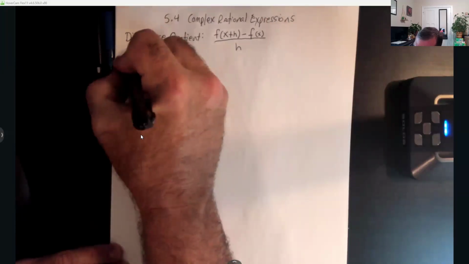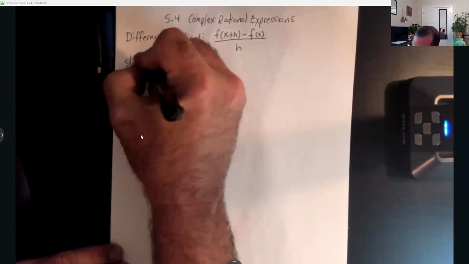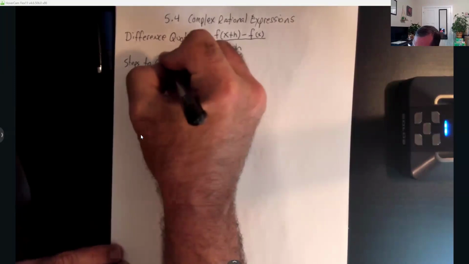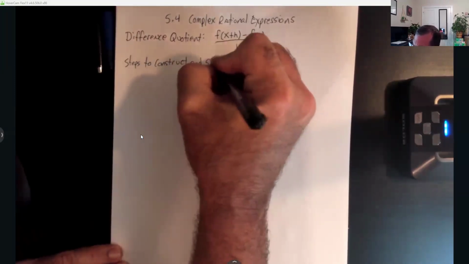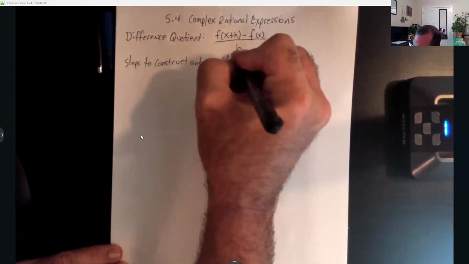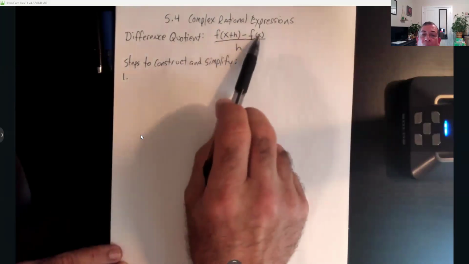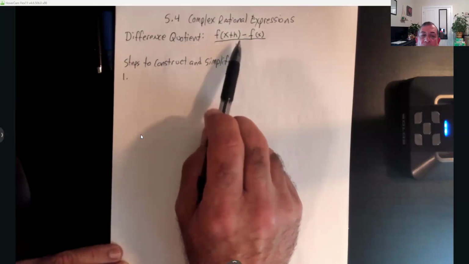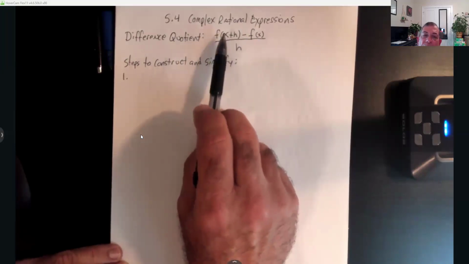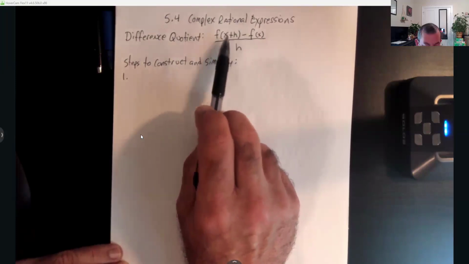So what we're going to be doing is what we call constructing and simplifying. So I'm going to give you the steps to construct and simplify. Now, they're going to give us f of x, and it's always got h on the bottom. So really, the first thing we got to do is find f of x plus h.